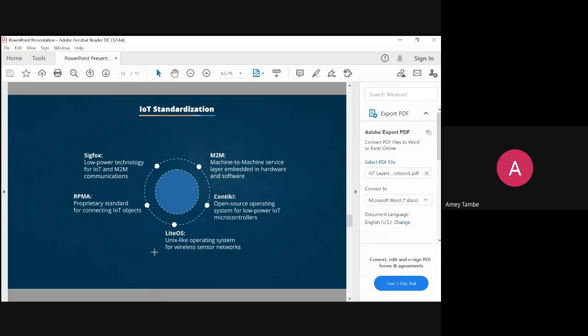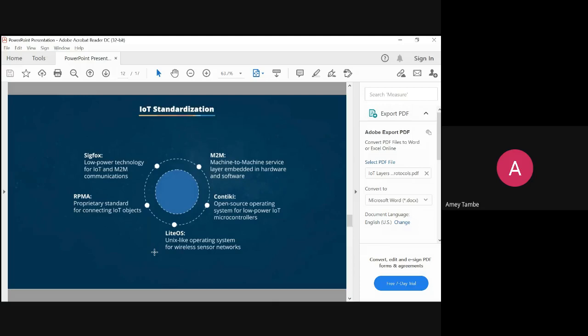Like M2M, that is a machine to machine service layer embedded in the hardware and software, or we can have Contiki, which is an open source operating system for low powered IoT microcontrollers like the NodeMCU, or we can have Zigbee, these kinds of low powered microcontrollers.